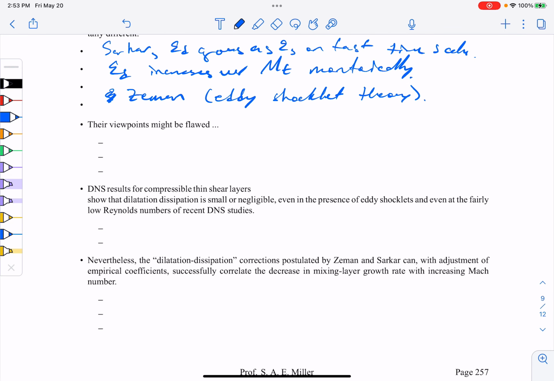But further DNS results of compressible shear layers in '95 by multiple authors, for channel flows and for mixing layers, showed that the dilatation dissipation is small or negligible even in the presence of eddy shocklets, which might undermine the theory of Zeman and his co-workers.